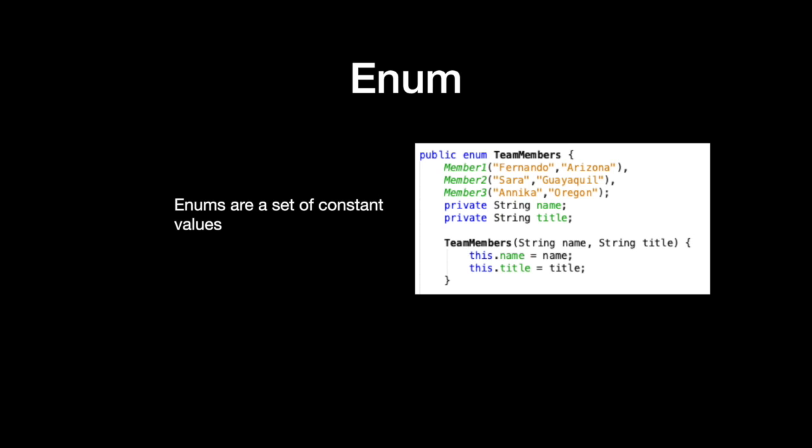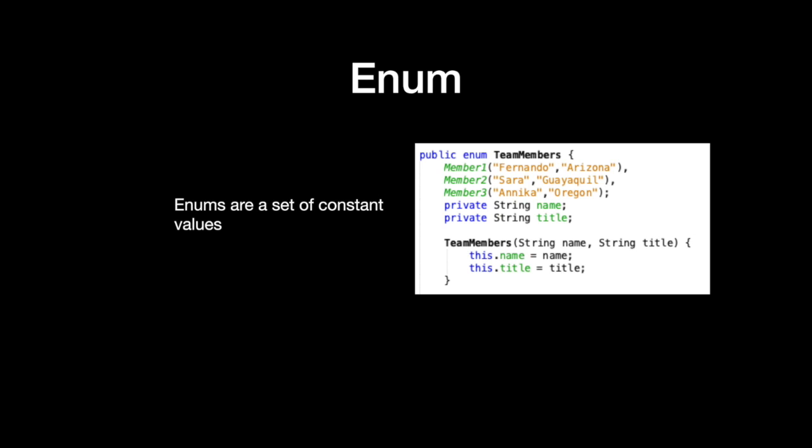For example, we used one the first time when we created the team members. We added each of the names and locations for the team members in the same class. So for example, here is team member one with the name and the place, then member two. These values are created once the class is declared.